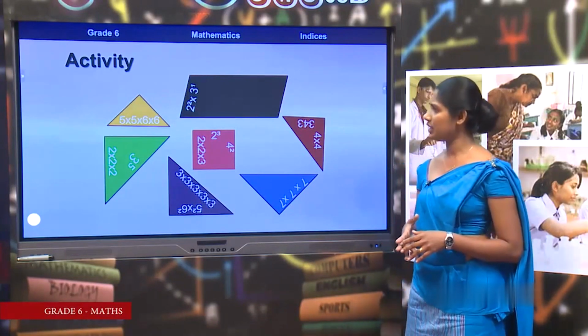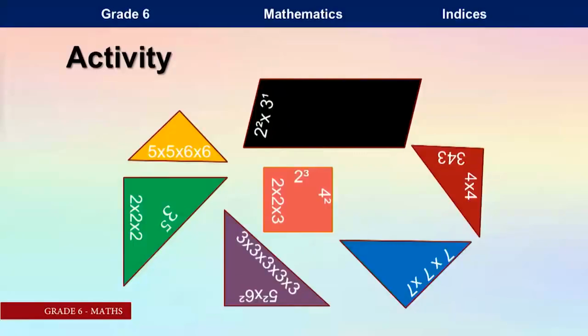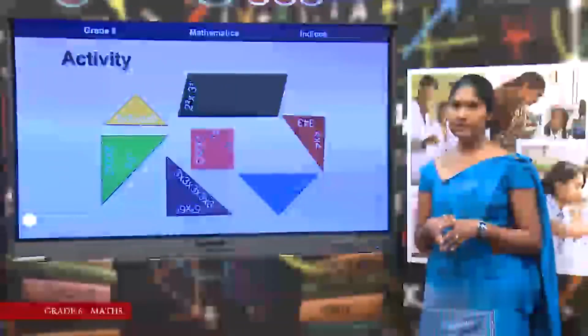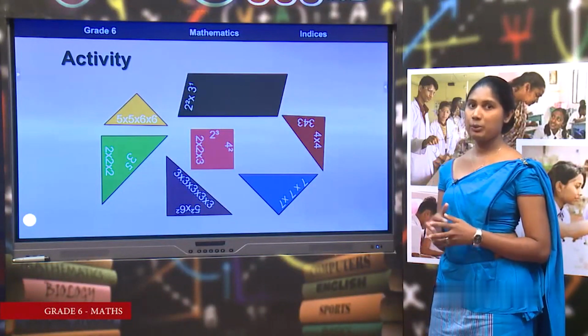Here you can see some triangles, parallelograms and a square, and they consist of products, index notations and other numbers. Then we have to connect each side to make a completed figure. So, this is called a Tarsia puzzle. Then we are going to make a figure. So, this is the way we are going to make this puzzle.